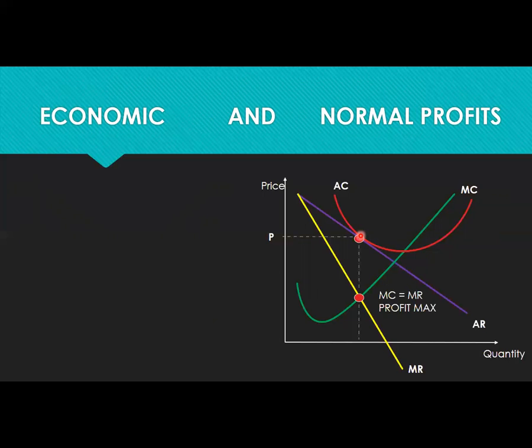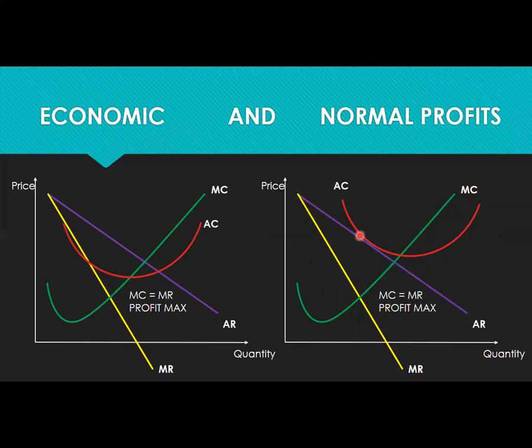And therefore, the moment your AC is equal to your AR, you make a normal profit. And there you have your two curves next to each other so that you can see you make an economic profit when your average cost curve lies below your average revenue curve at the point of profit maximization. You make a normal profit if your average cost is equal to your average revenue at the profit maximization point.